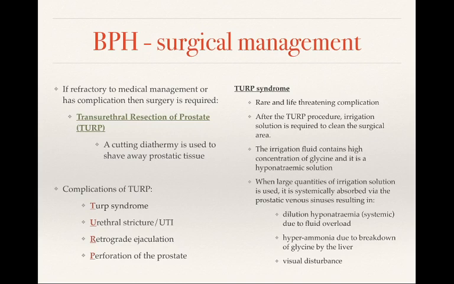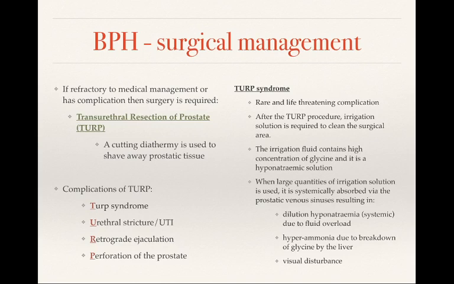When large amounts of irrigation solution is used, it becomes systemically absorbed by the prostatic venous sinuses. And this results in systemic hyponatremia due to fluid overload, hyperammonia due to breakdown of glycine by the liver, and visual disturbance.